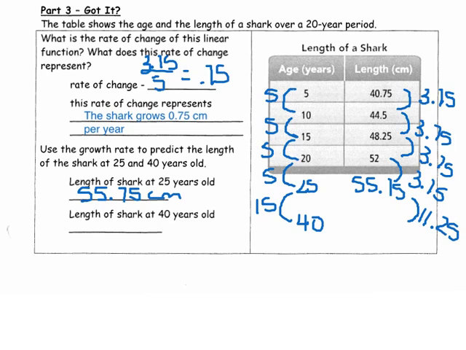So I go up 11.25 from 55.75, and that equals 67. So when the shark is 40 years old, we could expect that shark to be 67 centimeters. And that is the end of the notes.